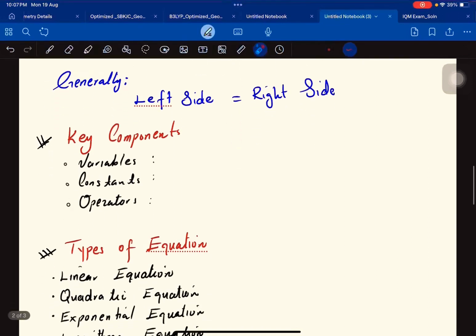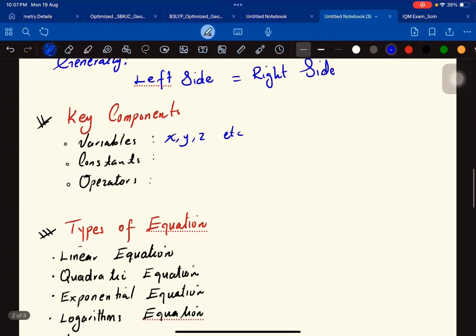Now we also look at the key components of an equation. The key components here: we have the variables. The variables are unknown values, which we normally denote with alphabets or letters. For instance, we can denote letters like X, Y, Z, etc. in an equation.